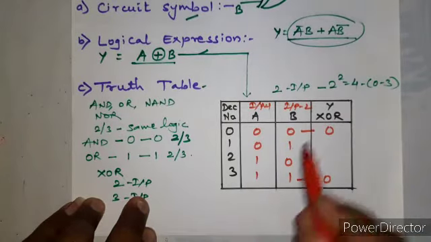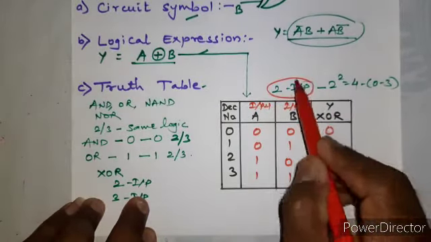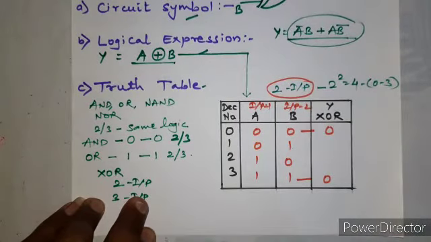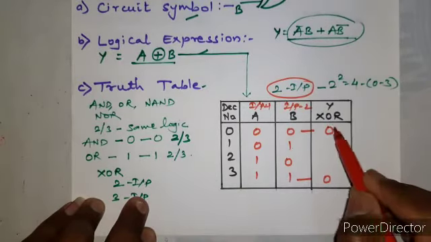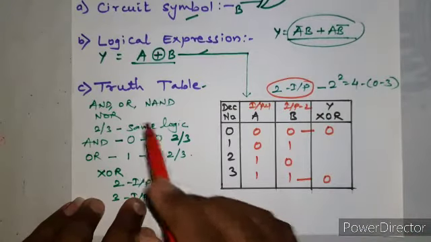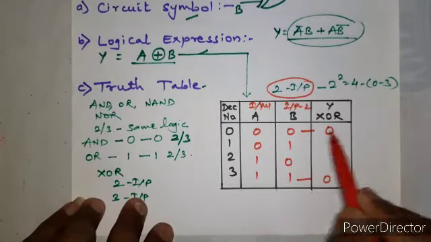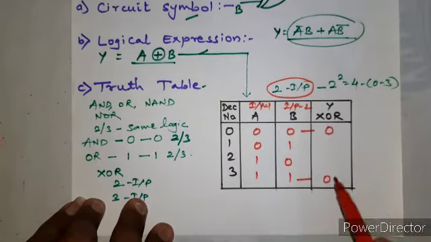Again, I am just talking about the 2 input XOR gate. Now again you can see A and B are both the same, right? For a 2 input XOR gate, if both the inputs are the same, then the output is 0.